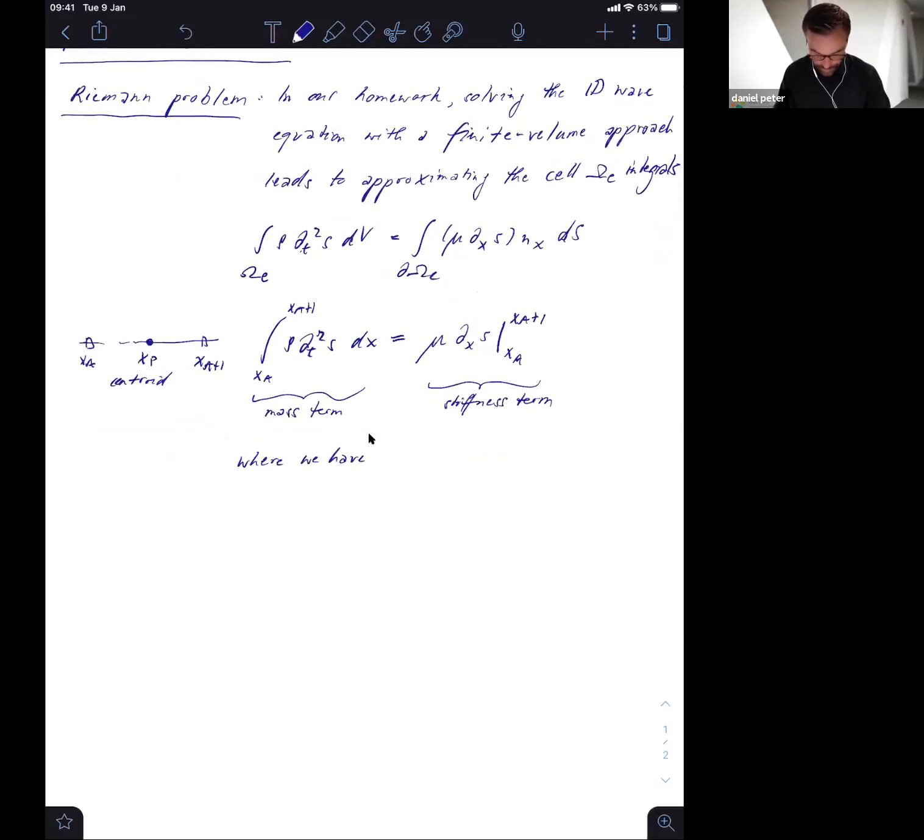So now we have to evaluate, in a finite volume method, what you will call the fluxes. This mu times the derivative of s at the cell face centroids, which in 1D is just the endpoints XA and XA plus 1.